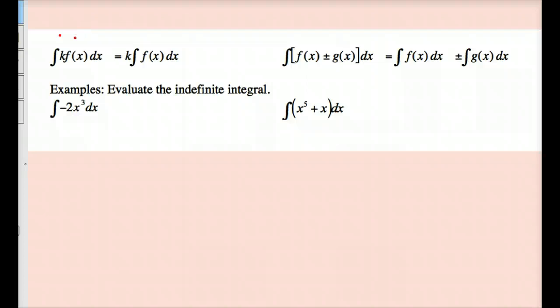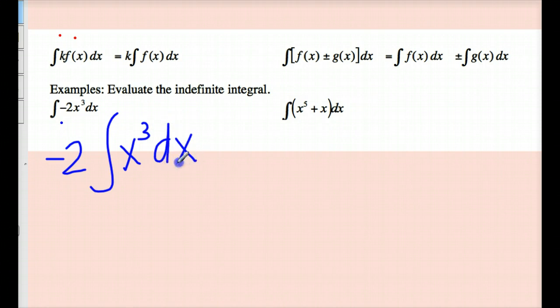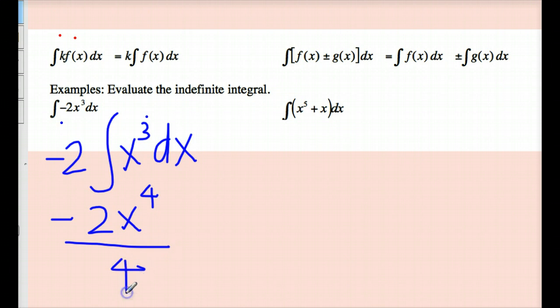So if you take a look at this example, I have a negative 2x cubed dx. That negative 2 is a constant multiplier, so I'm going to pull it out, and then I'm going to integrate whatever's left over. Since I have a power, I'm going to need to use the power integration rule from the previous slide, and I'm going to add 1, so 3 plus 1 is 4, and then divide by the power, plus c.